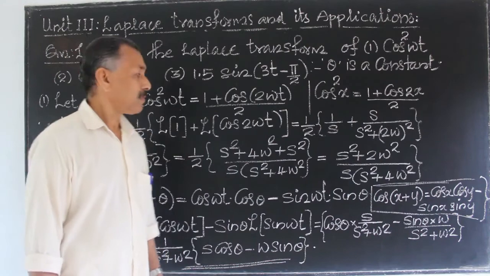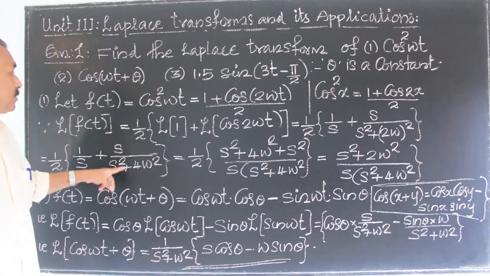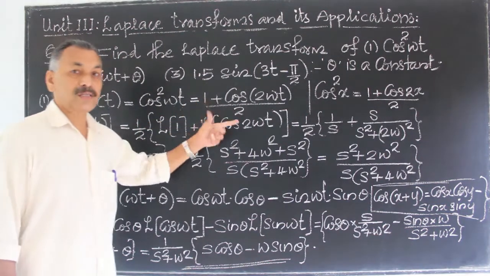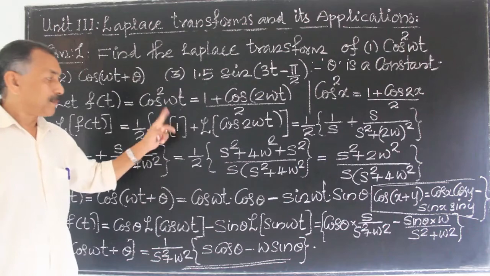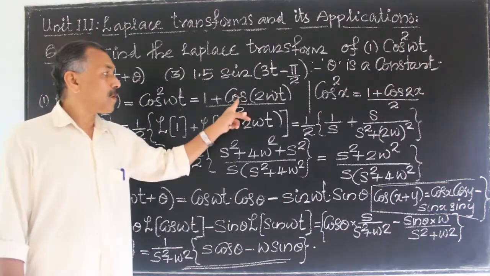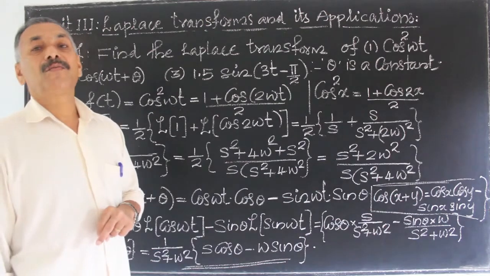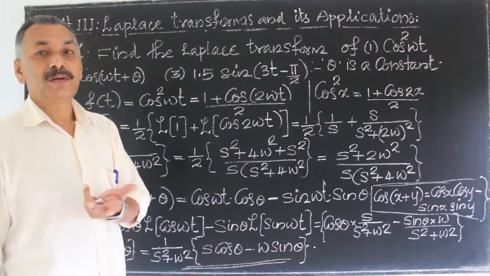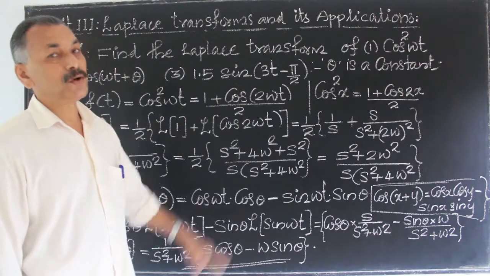Then L of f of t, the Laplace transform of f of t, is equal to, taking the constant 1 by 2 outside, 1 by 2 into L of 1 plus Laplace transform of cos 2 omega t. The Laplace transform of f of t plus g of t is L of f of t plus L of g of t.